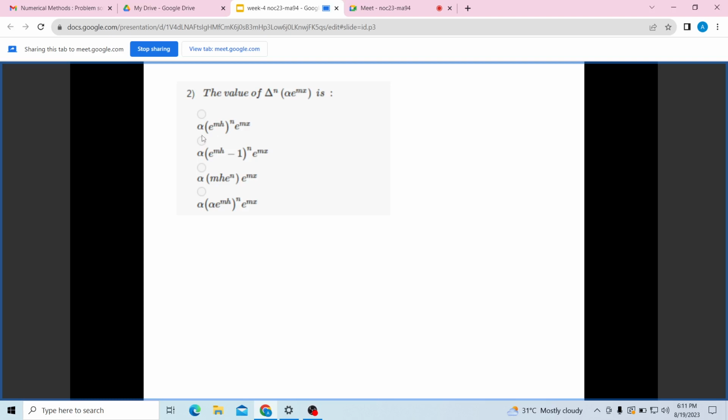Whether it is alpha times e power mh whole to the power n into e power mx, or alpha into e power mh minus 1 whole to the power n into e power mx, or alpha into mh e power n into e power mx, or alpha into alpha e power mh whole to the power n into e power mx. So find the value of this term. Which one are you getting?